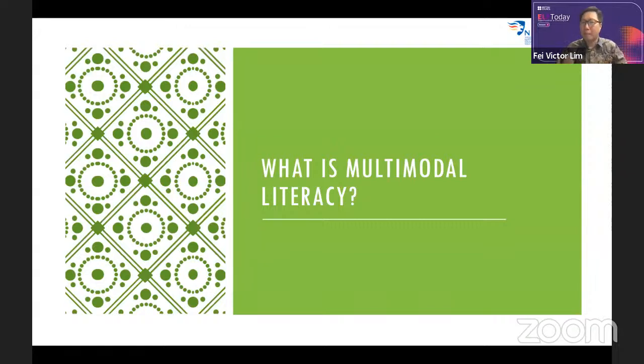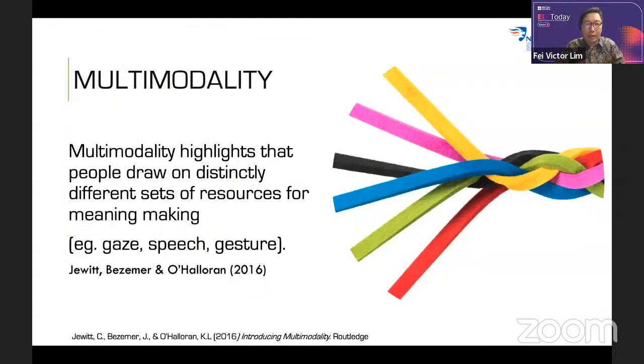And some people might wonder, what is this term about? Well, multimodality highlights that people draw on distinctly different sets of resources for meaning making. So thinking about how when we teach in the classroom, we are not just using words, but the gestures that we use, the gaze that we use to engage the students, the positioning and movement of the teacher in the classroom also create meaning.